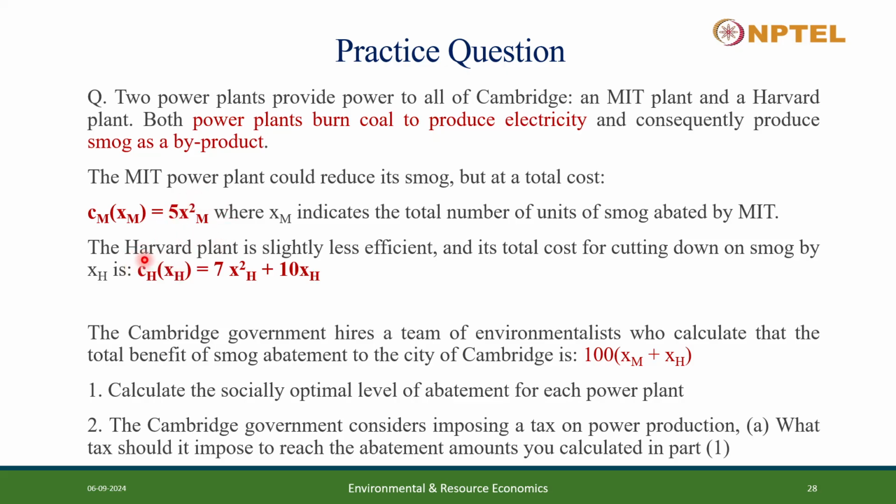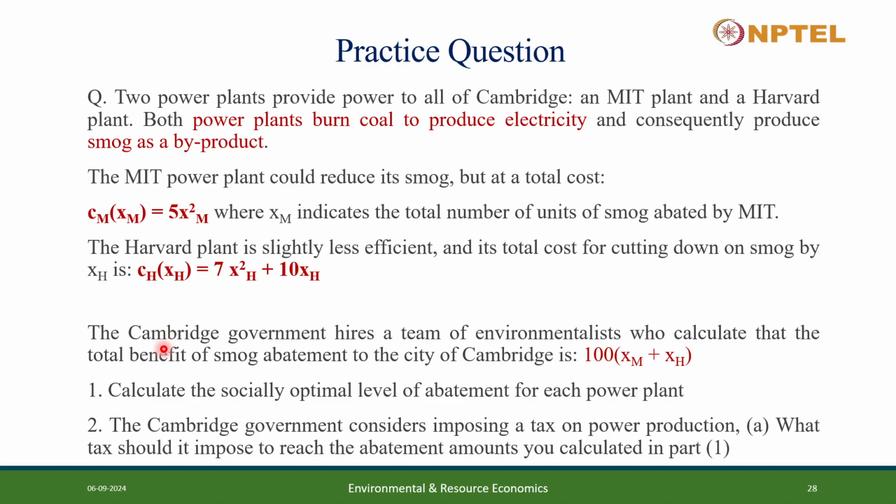And for the second plant, that is Harvard plant, the plant is slightly less efficient compared to MIT plant. So the cost is higher. So 7x square h plus 10xh, where xh indicates the total number of units of smoke emitted by the Harvard plant, right? So we are given both the cost function for both the power plant 1 and 2.